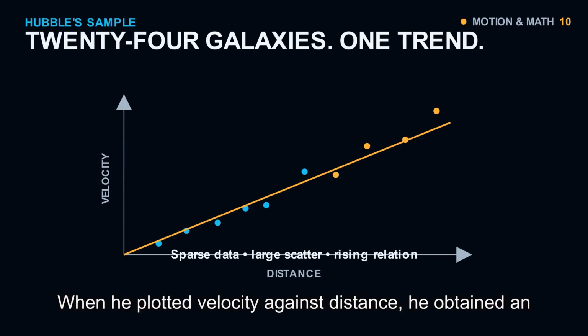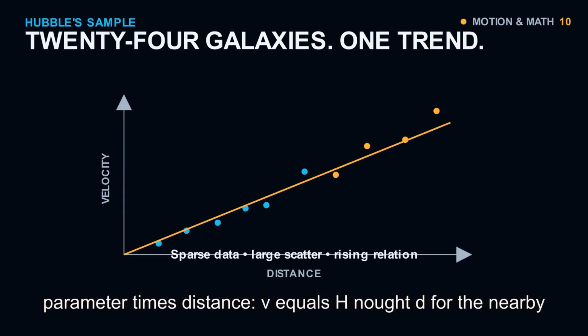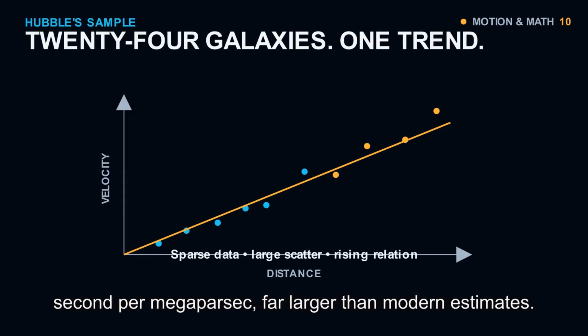When he plotted velocity against distance, he obtained an approximately linear trend. In modern notation, recession velocity equals the Hubble parameter times distance, v = H0 d, for the nearby universe. His numerical value was roughly 500 km per second per megaparsec, far larger than modern estimates.